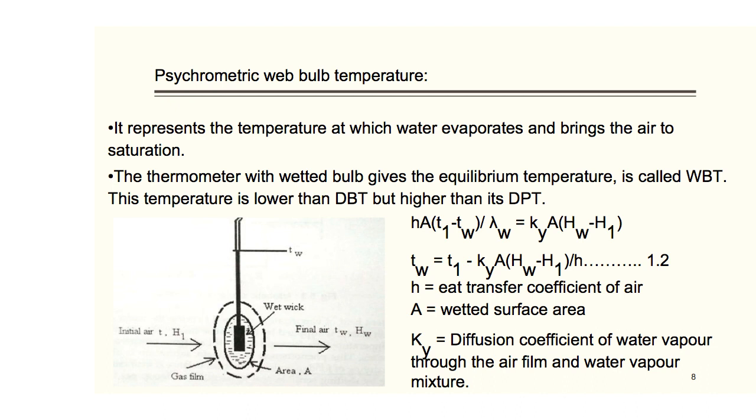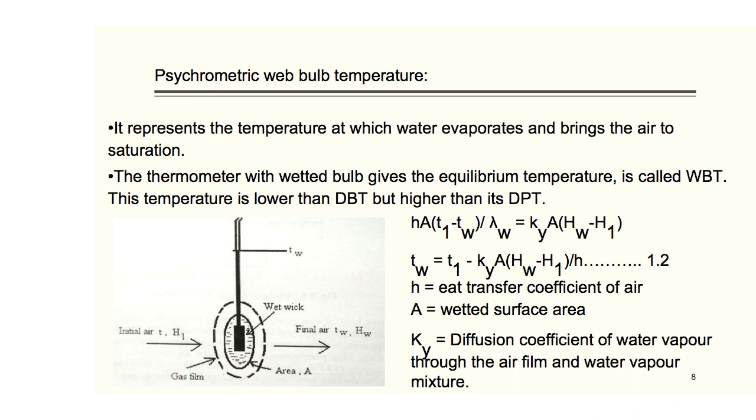So here we have written h into A multiplied by (T1 minus TW) divided by lambda W equals Ky into A multiplied by (HW minus H1). Here we have used the mass diffusion concept. So the final temperature of outgoing air, the psychrometric wet bulb temperature, can be written as T1 minus Ky into A multiplied by (HW minus H1) divided by small h.